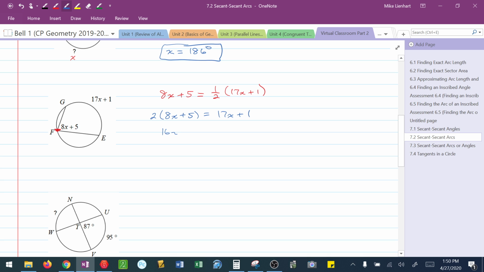Distribute: 16x plus 10 equals 17x plus 1. Subtract 17x, negative 1x plus 10 equals 1. Subtract 10, negative 1x equals negative 9. So x is equal to 9.